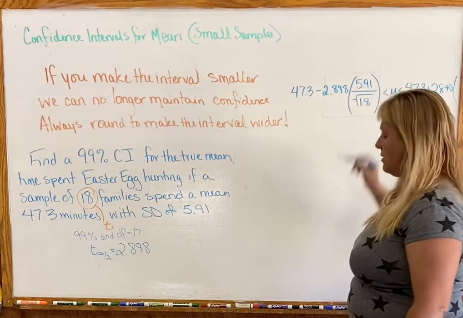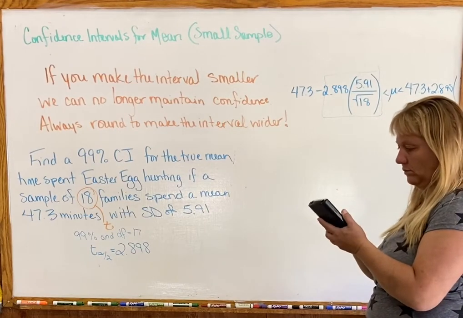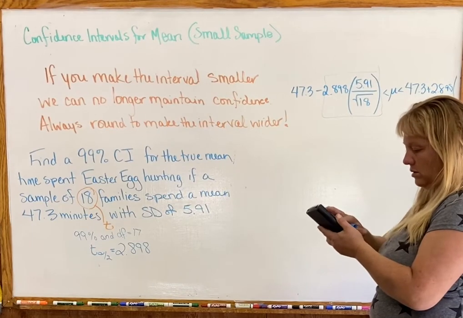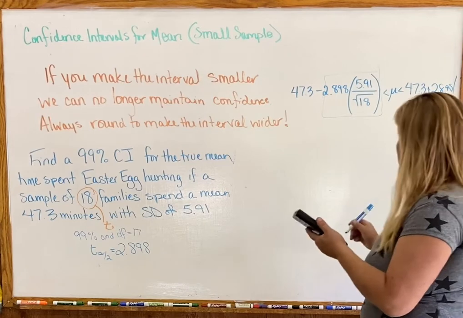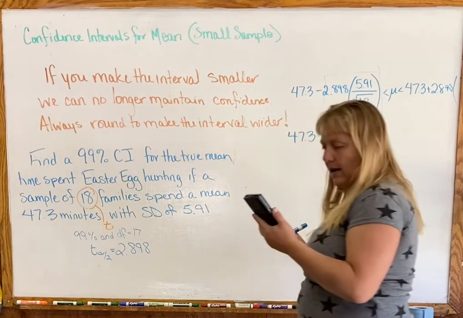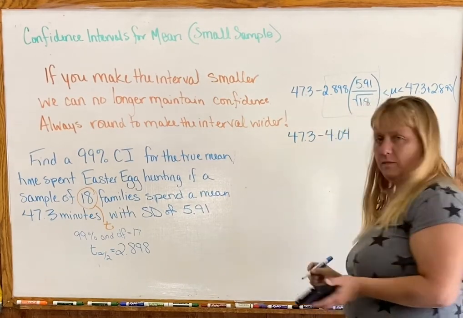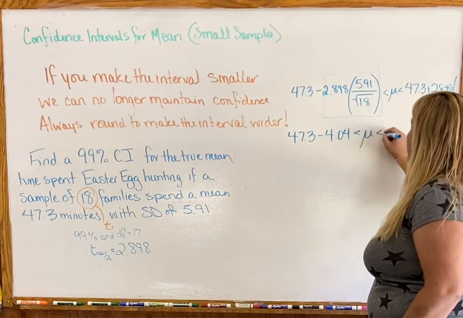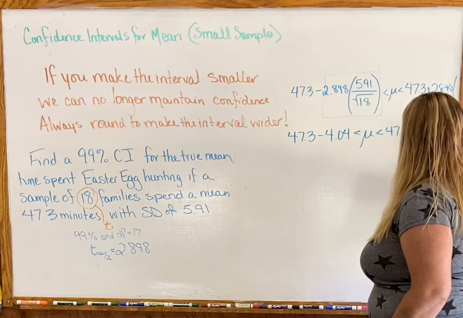So, margin of error first. Let's calculate that little guy. So we still have our 47.3, and now I have a minus 4.04. That sounds good to everybody. That's what I got. And on the upper end, we have the 47.3, but it's just going to be plus 4.04.